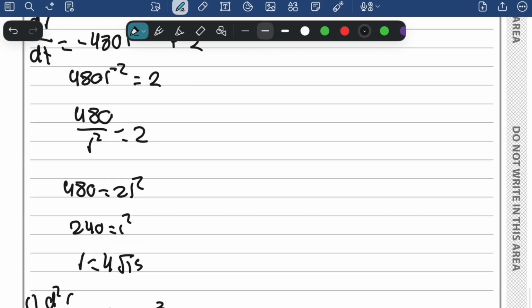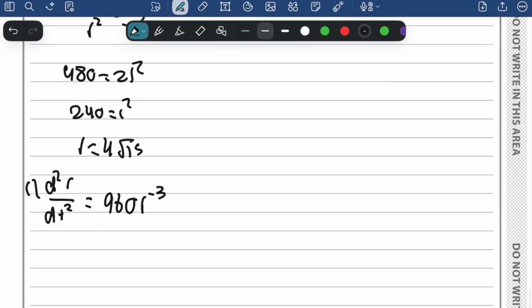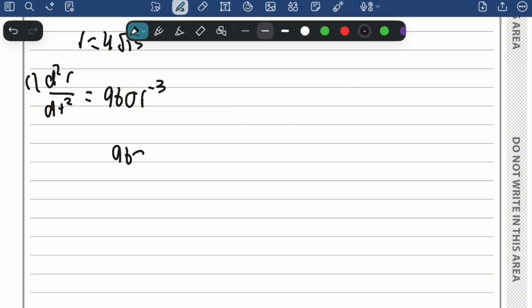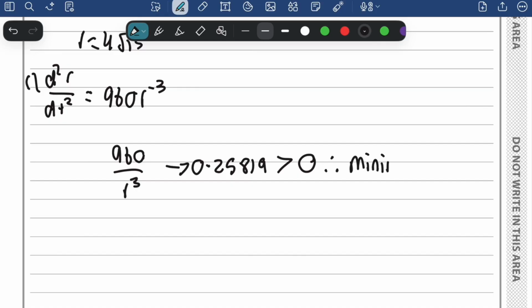And then the 2 is going to disappear, right? So then it becomes 960 over r cubed. And then we're just going to substitute our value of r in, which is 4 root 15 cubed. And then 960 divided by that gives us 0.25819, which is greater than 0, therefore a minimum point.